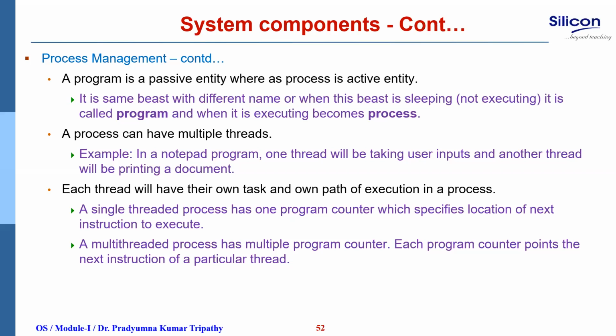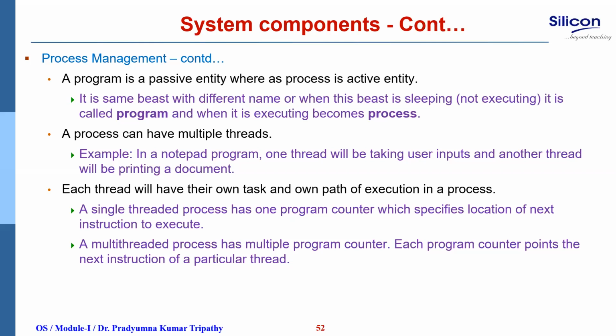A program is there when it is on the disk. When it is in the memory, it is a process. Programs are static in nature and processes are dynamic in nature. These are the basic differences. Anyway, it is the same thing with a different name.